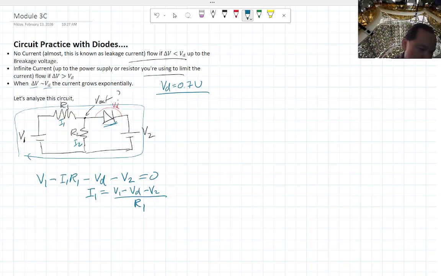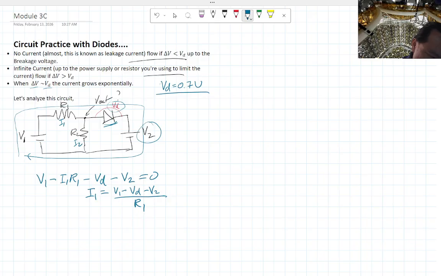That's the current there. And therefore the voltage at that point is much simpler, because whatever V2 is, V out is going to be a diode voltage drop above that. So you can calculate what this current is.